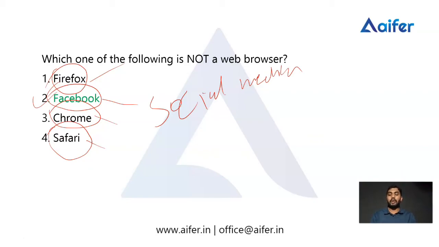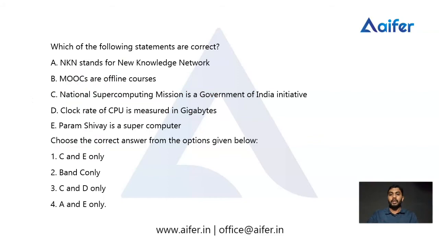So I hope you have understood this question. Then again the question is, which of the following statements are correct? We have given 5 statements. Statement 1, option A, NKN stands for New Knowledge Network. Option B, MOOCs are offline courses.